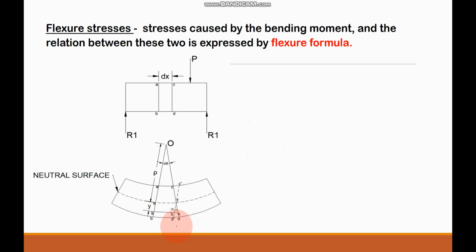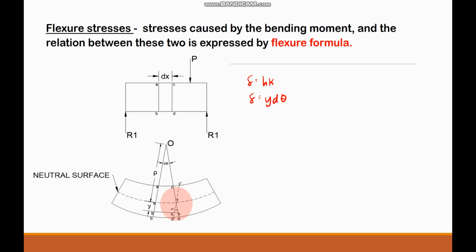So, let us consider a deformation, GH, that is located y distance from the neutral surface. So, di ba yung ating deformation is equal to HK? And then, kung i-consider natin itong arc na to, yung arc natin, the deformation now is equal to y of d theta.